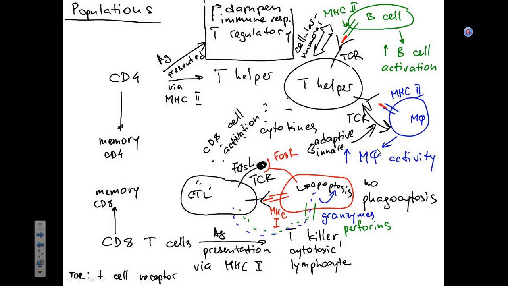Interestingly, and kind of expectedly, there are studies that show that the number or activity of T regulatory cells is decreased in autoimmune diseases.